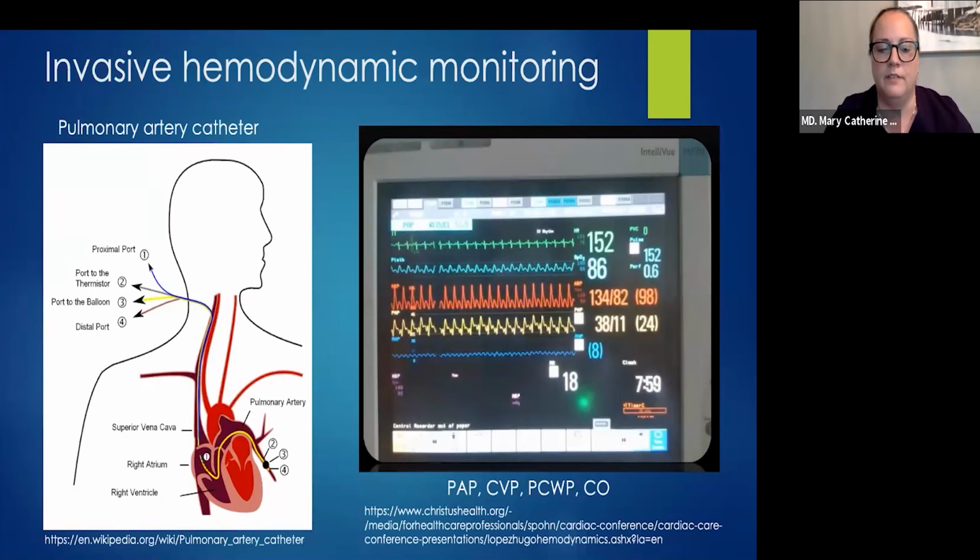But evidence really didn't bear out that these devices improve patient outcomes, and they're quite invasive. So we use pulmonary artery catheters very rarely outside of the context of cardiothoracic surgery patients. But every now and then there are patients that have multiple things going on, maybe multiple different types of shock, including cardiogenic, and it's more difficult, and this is definitely still of some utility.